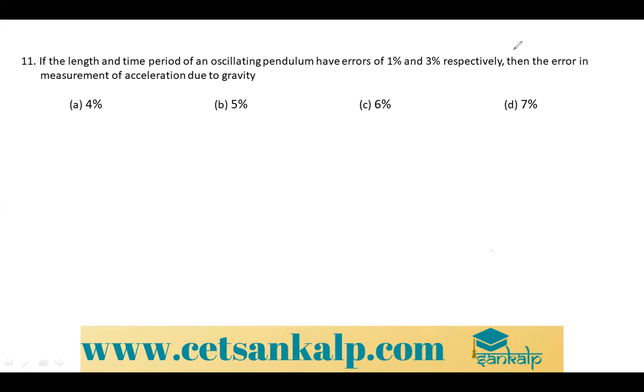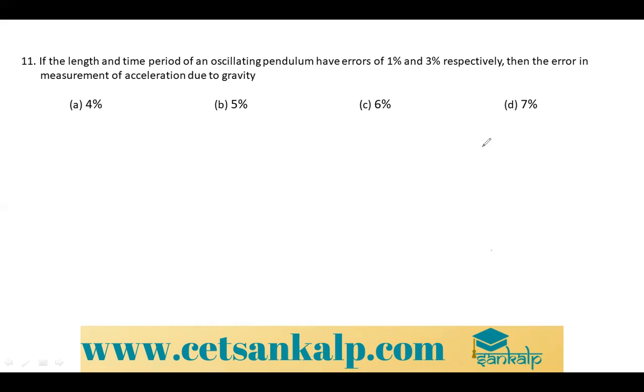If the length and the time period of an oscillating pendulum have errors of 1% and 3% respectively, then the error in the measurement of acceleration due to gravity is asked. So first you should know about the formula.